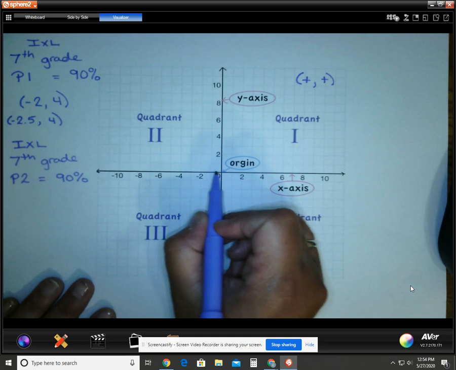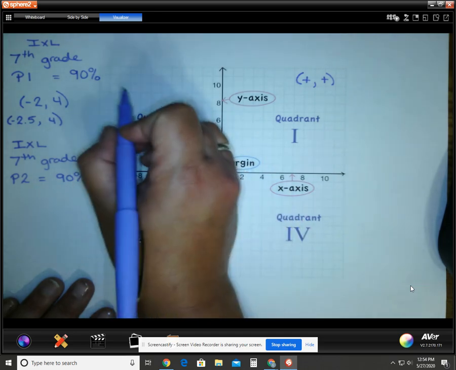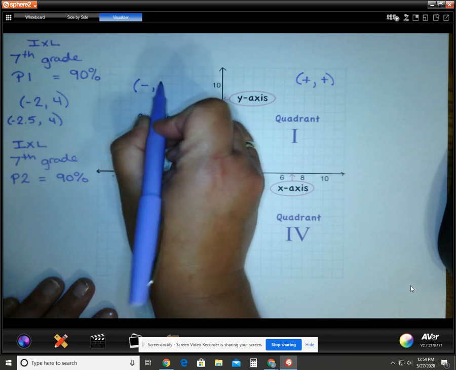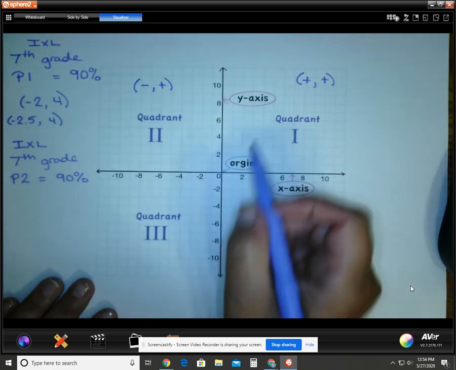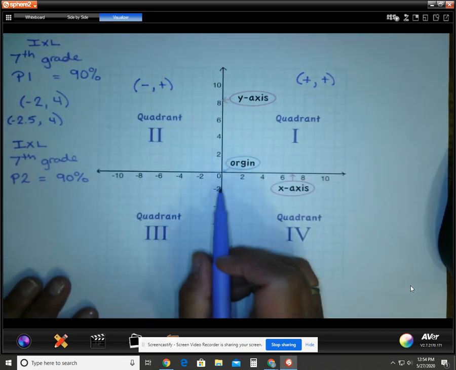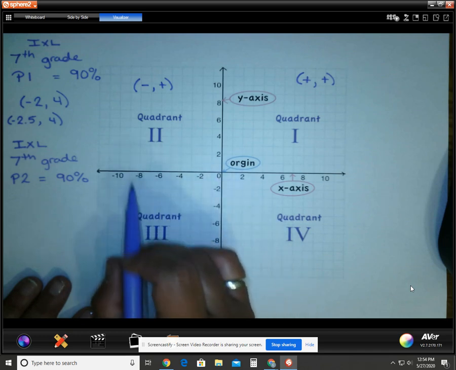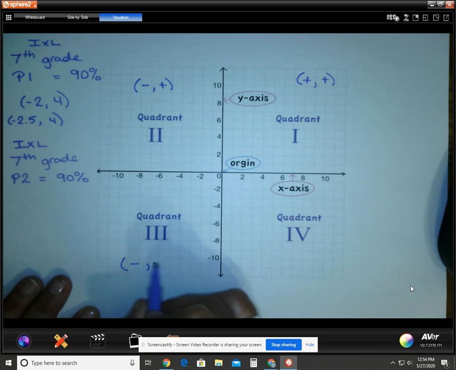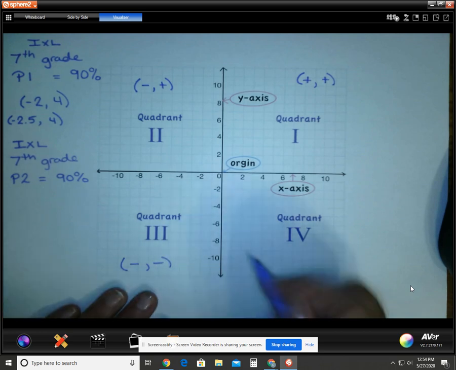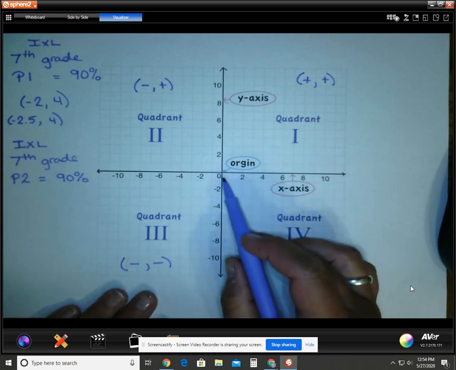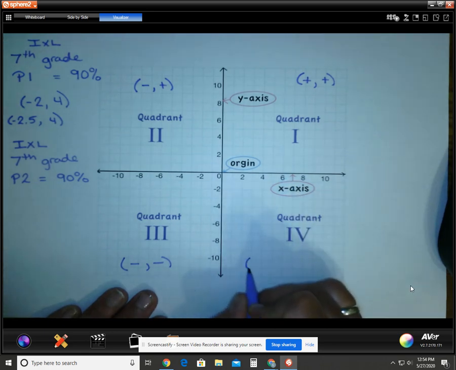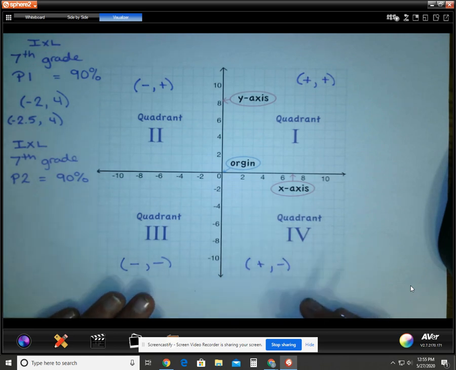In quadrant 2, anything is first a negative, then a positive. To get down to quadrant 3, you would go negative and then down, which is a negative again. So anything within this quadrant is a negative, negative. And last but not least, quadrant 4, you would start out going in the positive and going down to the negative. And this should all be review for you. That shouldn't be anything brand new.